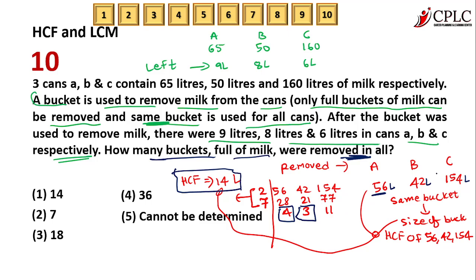And for removing 154 liters from C, 11 buckets must have been used. Hence the total is clearly 18 buckets, which is answer option 3. So a total of 18 full buckets were removed from all three cans combined, because the size of the bucket is 14 liters.